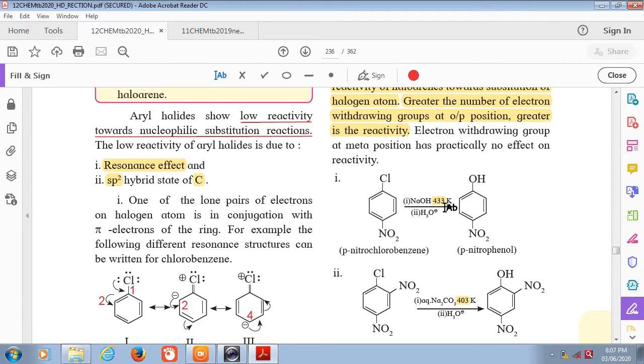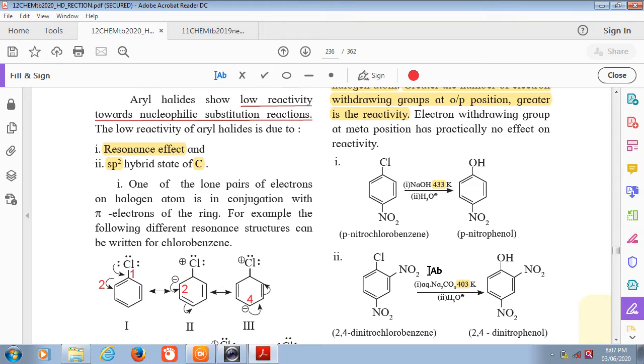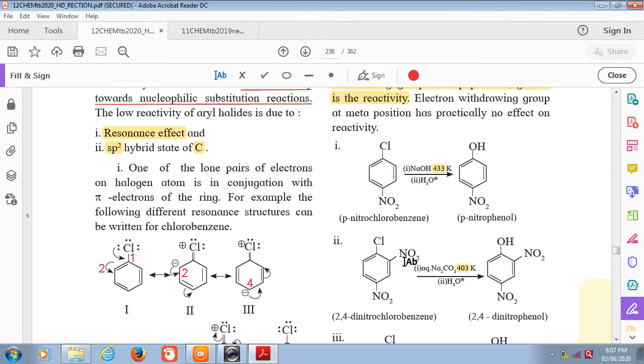If the number of withdrawing NO2 groups increases, in the previous case only at para position, but now if we introduce one at the ortho position also, then the temperature decreases.